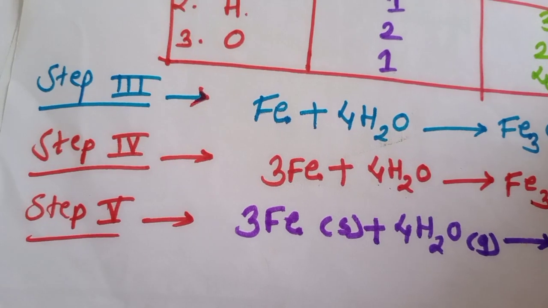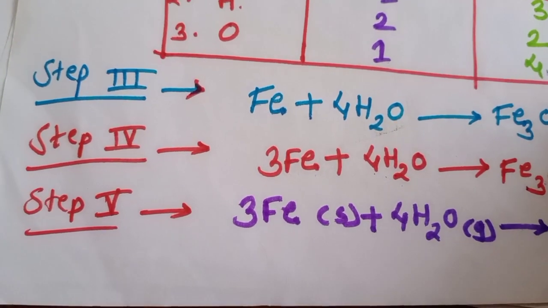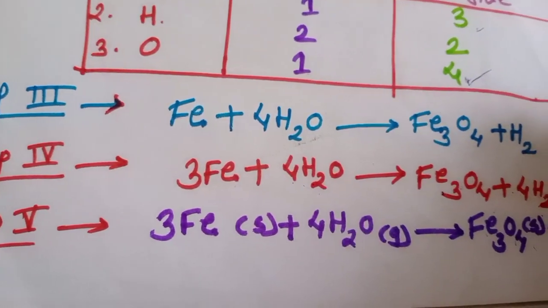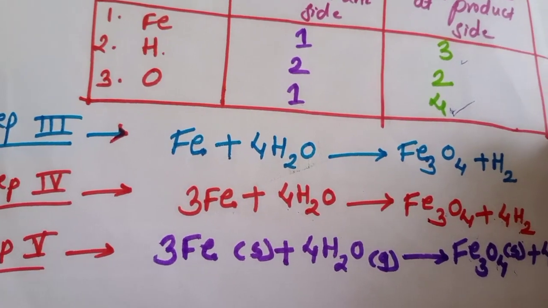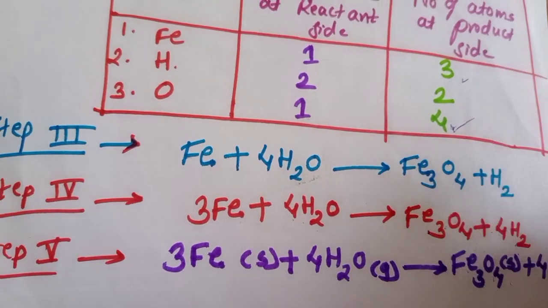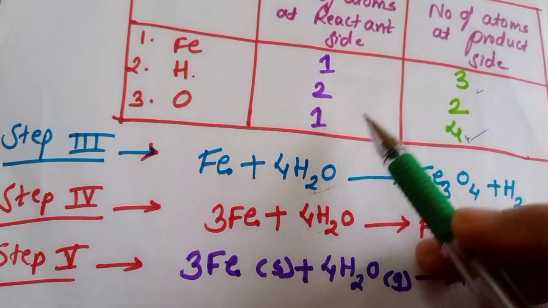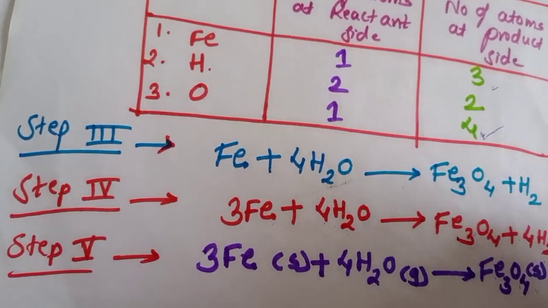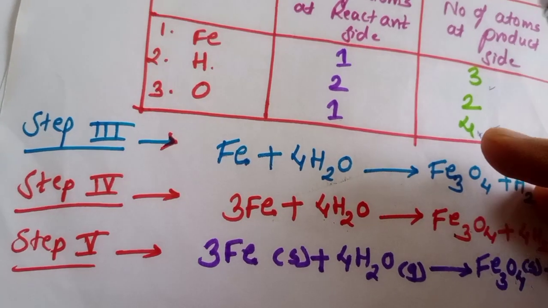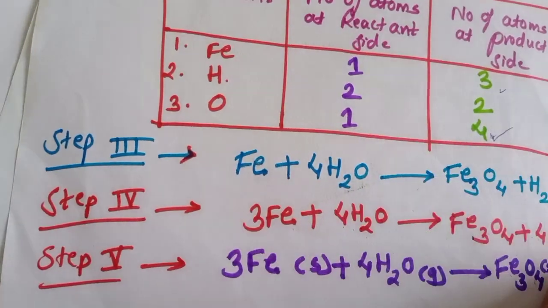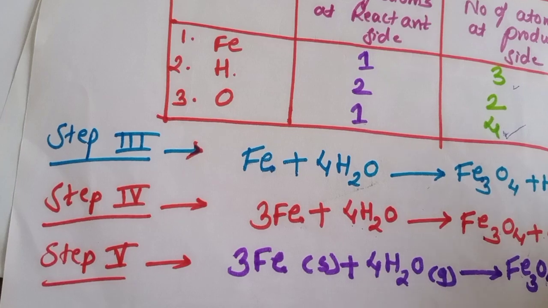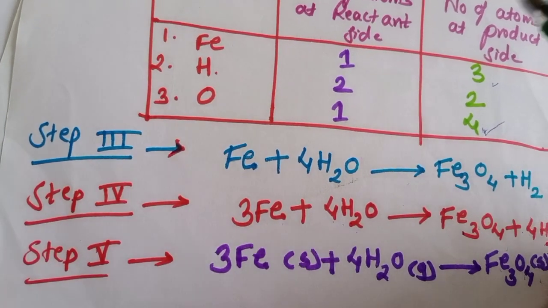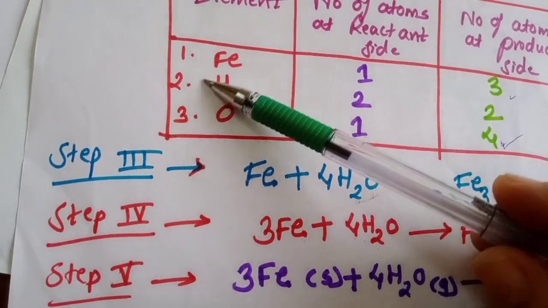I hope you have understood how to balance a chemical reaction. In the next class, I will take a few more examples about how to balance a chemical reaction. So directly we can write in one step, no need of writing all these steps.